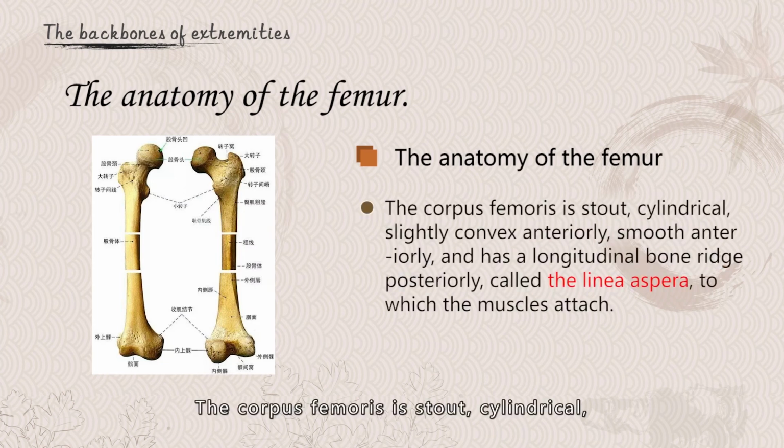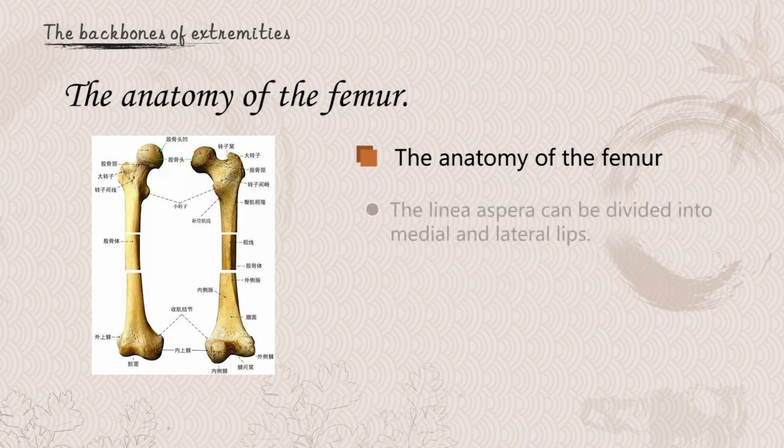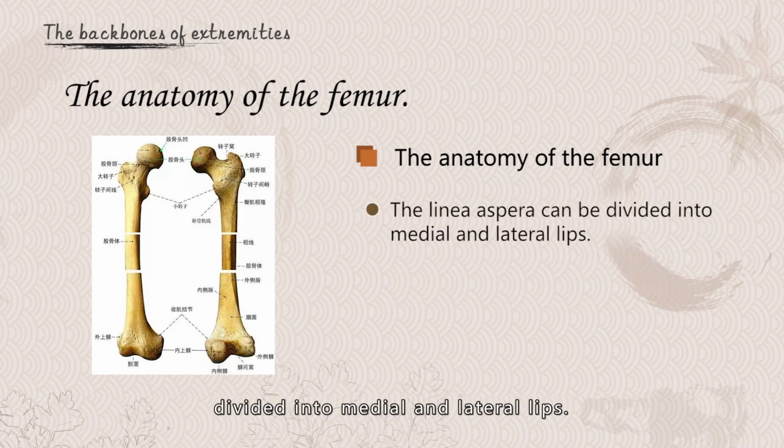The corpus femoris is stout, cylindrical, slightly convex anteriorly, smooth anteriorly, and has a longitudinal bone ridge posteriorly, called the linea aspera, to which the muscles attach. The linea aspera can be divided into medial and lateral lips.